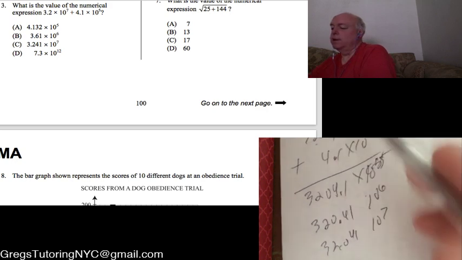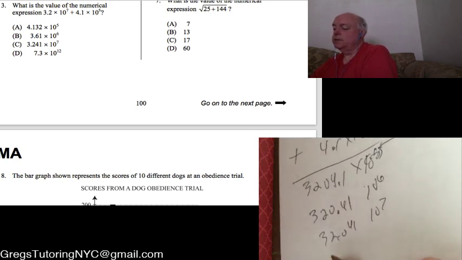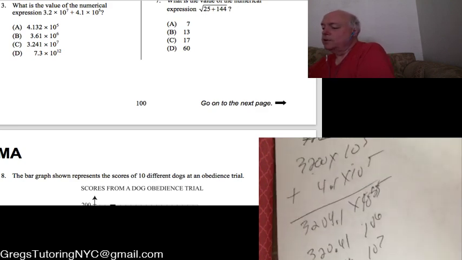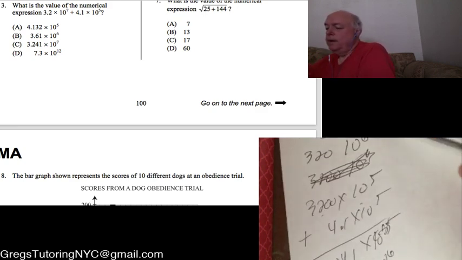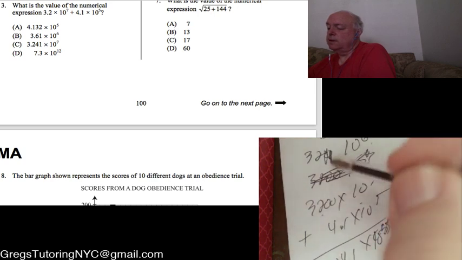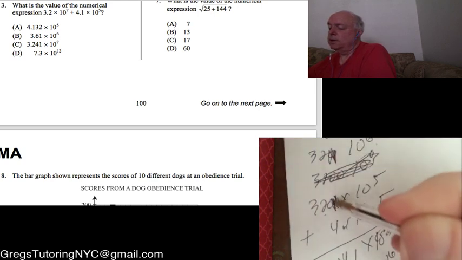And I think I screwed up somewhere, because this actually should be over here. All right, and that would give us the C again. Where did I screw up? At 4.1 times 10 to the 5th, 3.2 times 10 to the 7th. This was supposed to be 32, and then that was supposed to be 320.